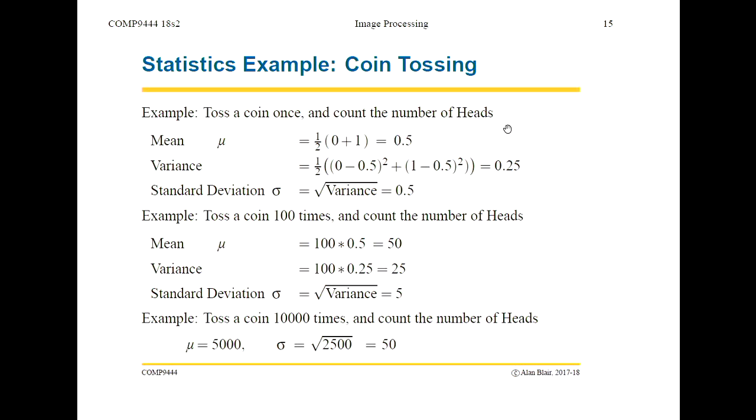On average, how many heads would you expect if it's a fair coin? 50, that's pretty obvious, but the more interesting question is, if you get many people to each toss a coin 100 times and tell you how many heads there were, and then you make a distribution, you expect to get one of these normal distributions, basically a bell-shaped curve, and then the question is, how wide should that be?